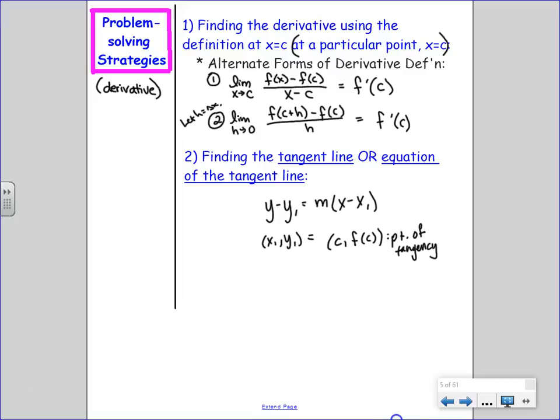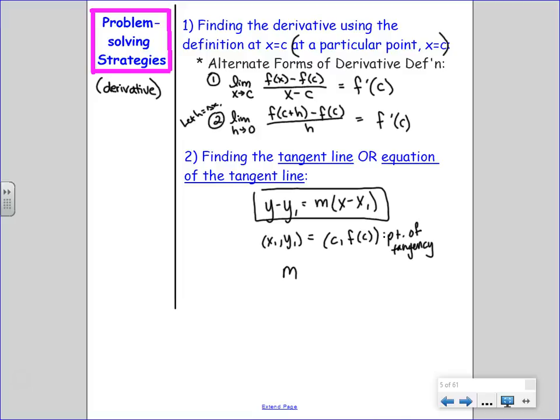Our x1, y1. If they just give us a c, it can be our point of tangency. What else is important in that formula? Slope. m. And slope of a tangent line is going to equal what? f prime of c.